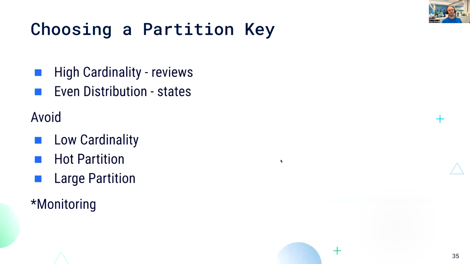Hot partitions are partitions that are queried more often than others. So say in our application, for some reason, people in California are queried more often than people in another state. Then that would create a hot partition, and the nodes that have the data for California would be overloaded as compared to others.